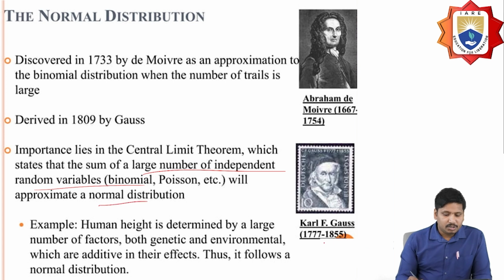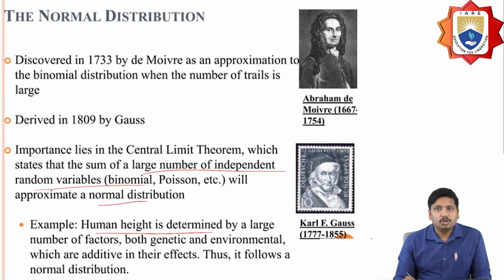An example is human height, which is determined by a large number of factors, both genetic and environmental, which are additive in their effects. The normal distribution was mainly introduced by Gauss in 1809.